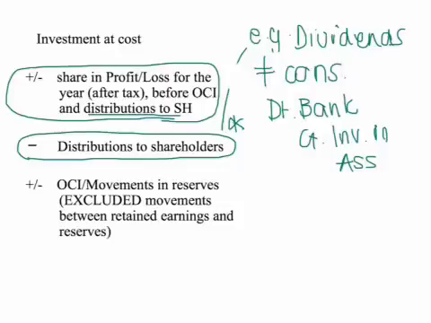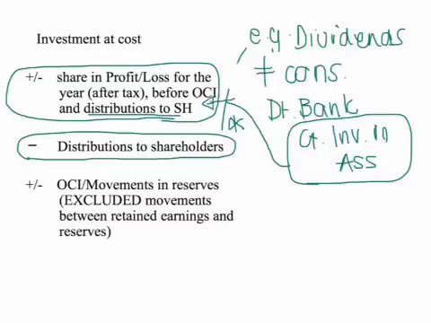Because remember, all our entries that affect our investment in associate are done against this line item in our accounting records. So what we're doing with this journal then is to reduce our investment with our dividend amount, because our dividend already flowed through when we included our share of the profits before the distributions were made.